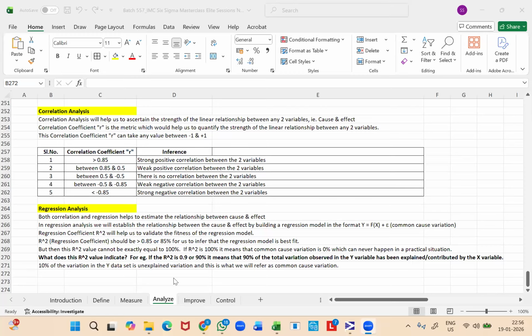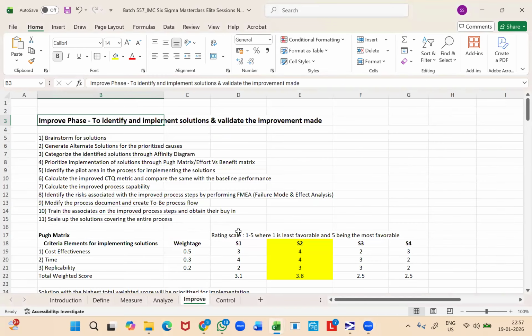Fine. So we have just completed the analyze phase, and now we are going to step into the fourth phase in the DMAIC approach, which is the improve phase. At the end of the analyze phase, we would have identified the list of vital few causes, and we would have also validated the significance of these vital few causes with respect to the business problem by performing testing of hypothesis.